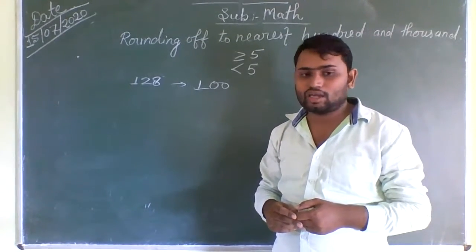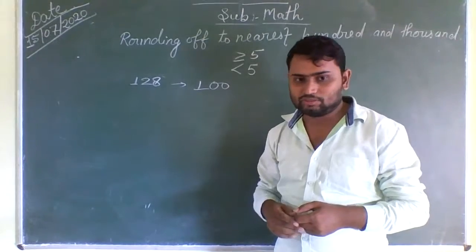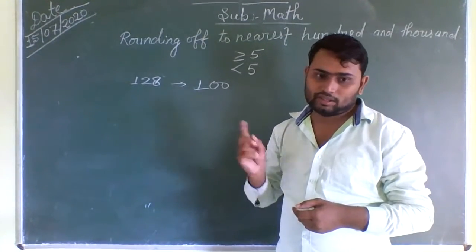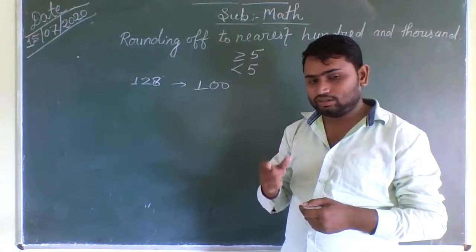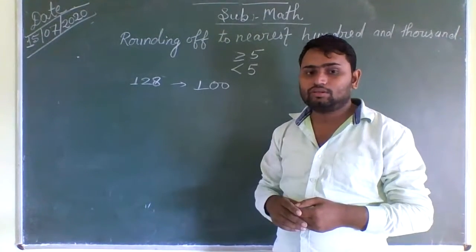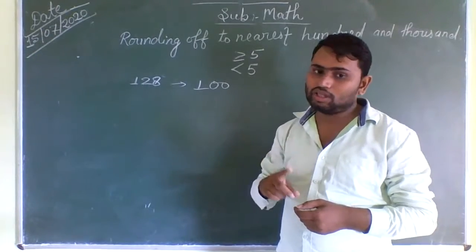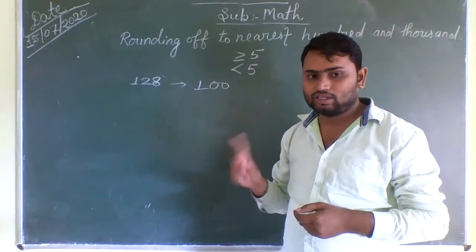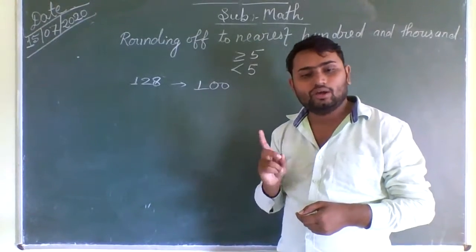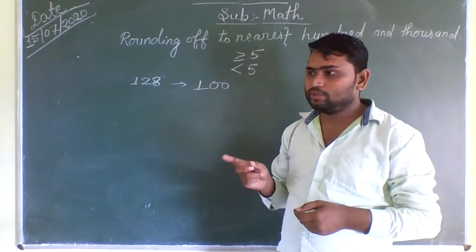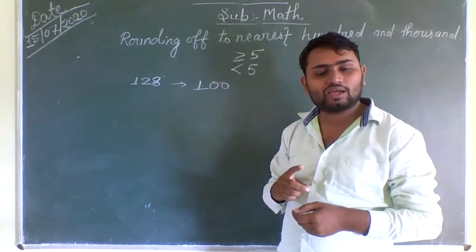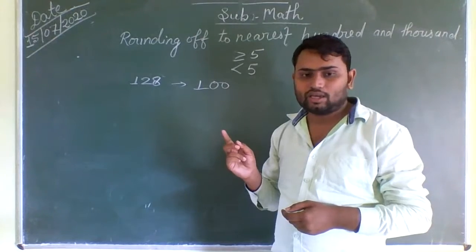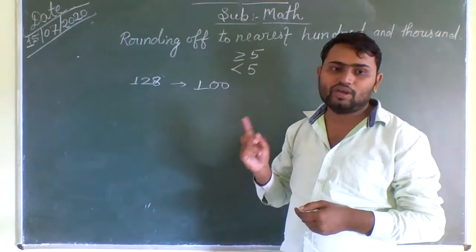We will not make any change to those digits. We will make change only to the digit at hundreds place, if the digit just behind it is greater than or equal to 5. In that case it will be increased by 1. If it is less than 5, we will not make any change. That way we can find the nearest hundred of any given number.